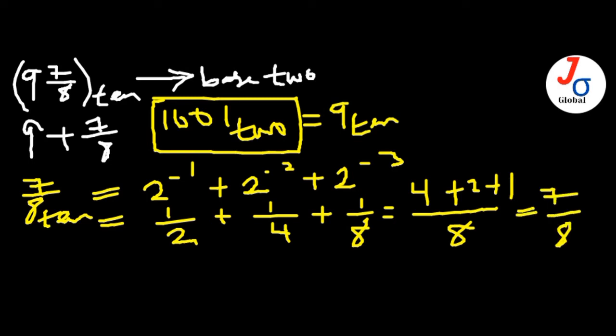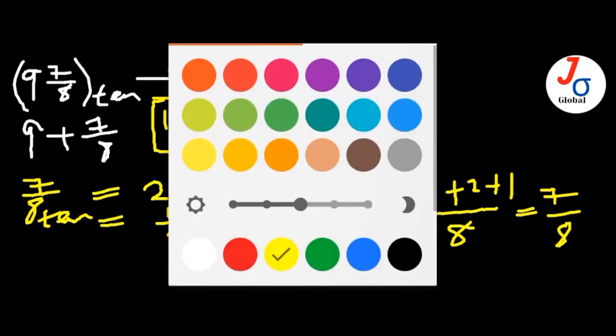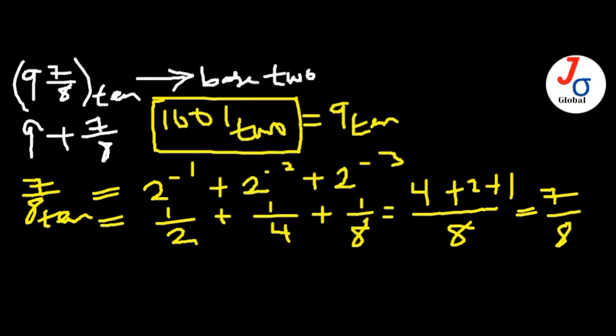But then there has to be a coefficient to this number. So in that case, I'm going to add the coefficient. Since everything just falls in place, I'm just going to have 1 by 1, 1 by 1, and 1 by 1.